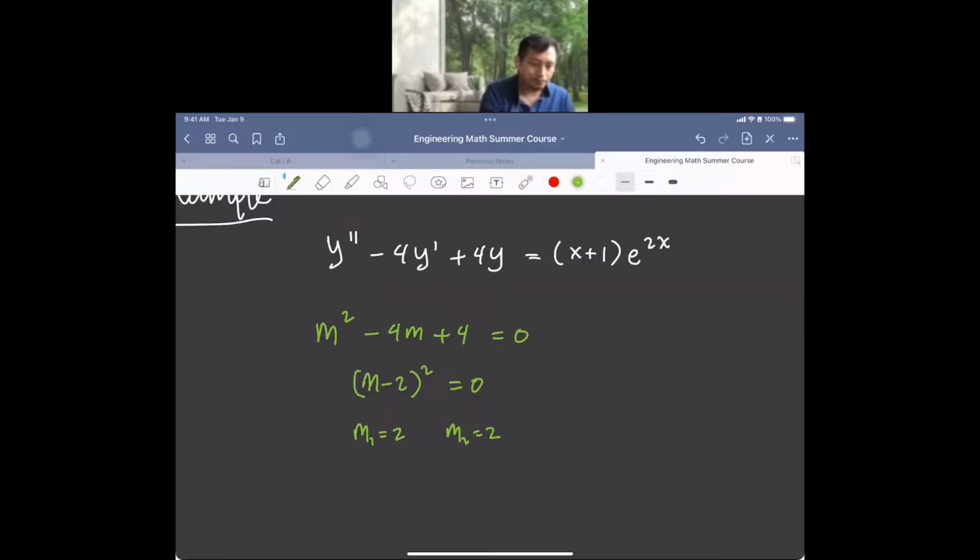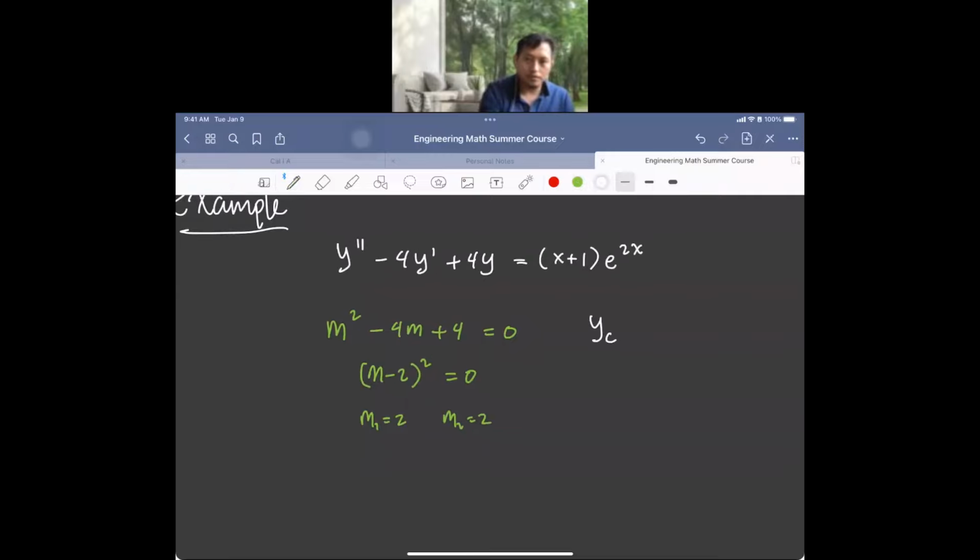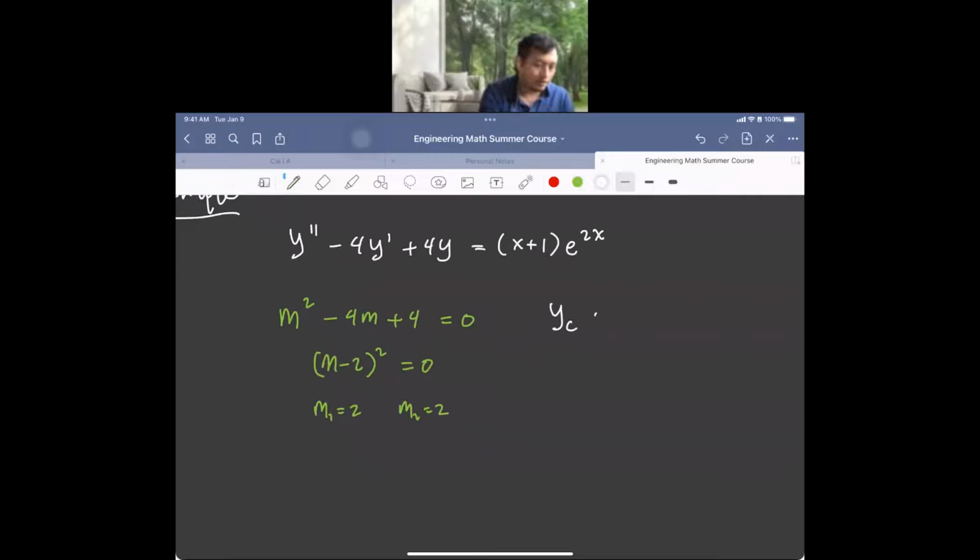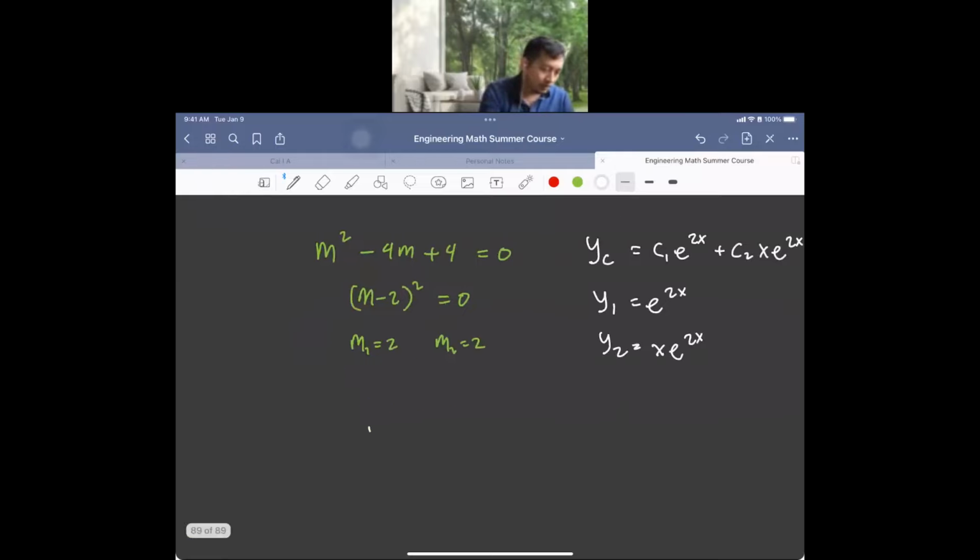If we remember, our solution for the homogeneous one is C1 e to the 2x plus C2, don't forget, x e to the 2x, because we have an equal root. Then let's identify y1 as e to the 2x and y2 as x e to the 2x. Now compute our Wronskian using these two.